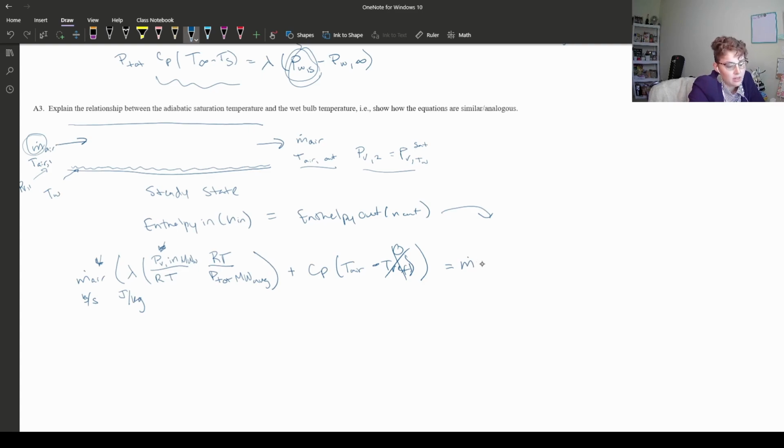We have the mass flow rate of air, the heat of vaporization, this time with the partial pressure of the water vapor going out, with the molecular weight of water over RT, and the specific volume as well.